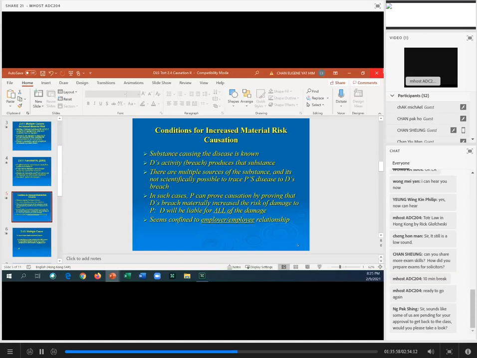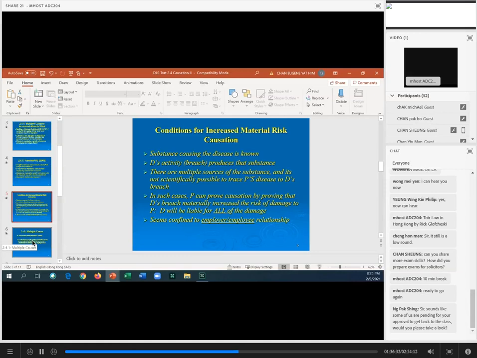Okay, but it does seem to be confined to the employer-employee relationship, and the courts generally take a very lenient attitude when employees are suing. The law wants to be seen to be protecting employees, particularly in Hong Kong. You'll notice workers on construction sites in Hong Kong are treated very well by the law, and there's plenty of legal recourse for any worker injured, particularly on a construction site in Hong Kong.